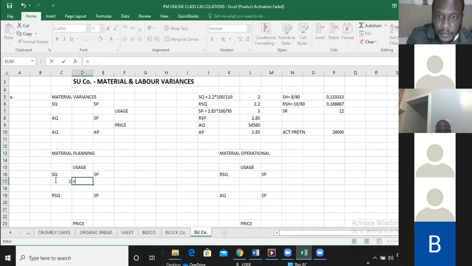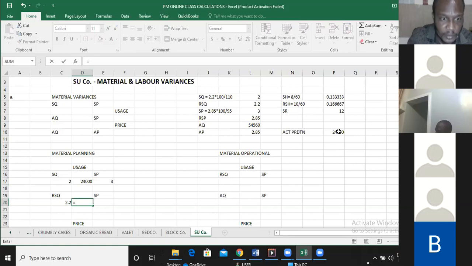Standard price was 3. All right. Now revised standard quantity is 2.2. Revised standard quantity is also short for revised standard quantity of actual production. And then our standard price is the same, 3.